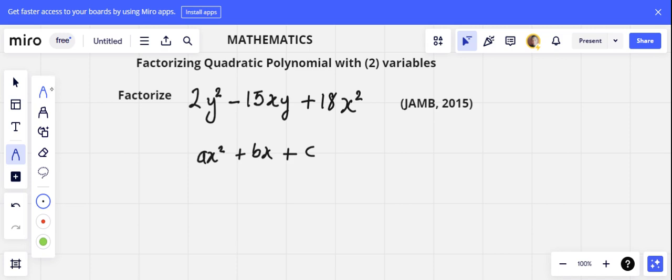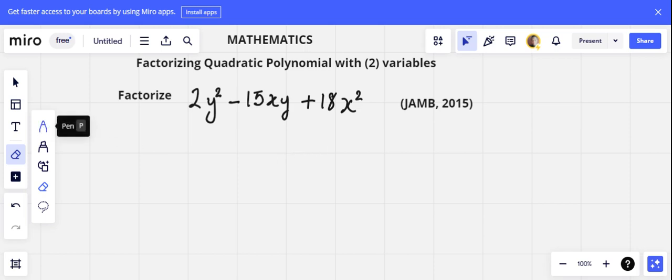Before I proceed, I'll urge you to remember, when we are dealing with polynomials, what's the definition of a polynomial? It is any expression in which the power of the variable is either ascending or descending.